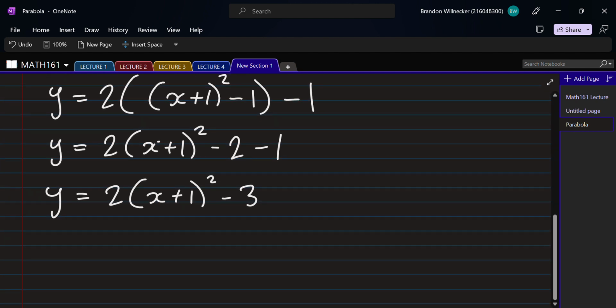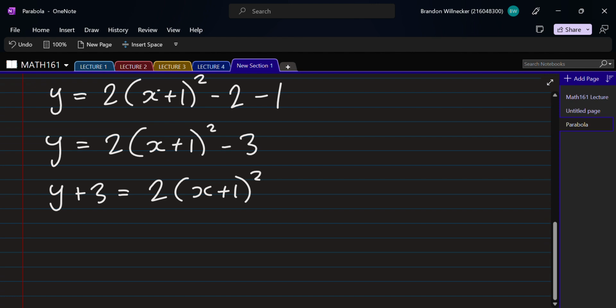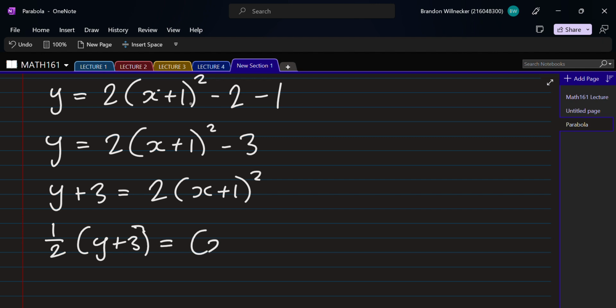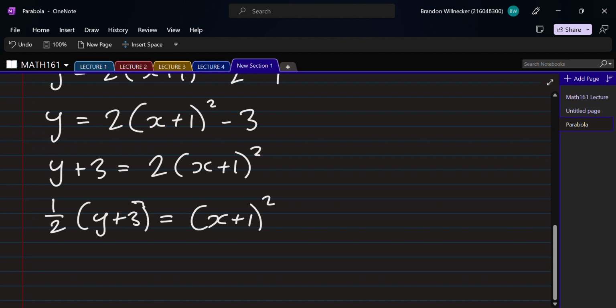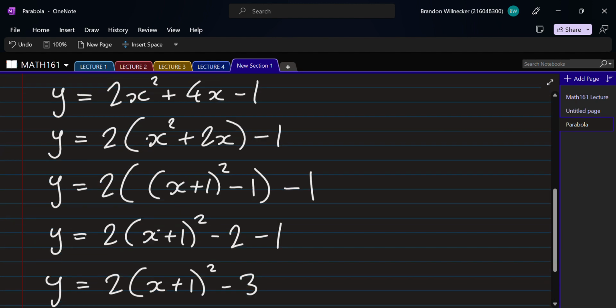Okay, almost in standard form. Let's take the 3 across. So we get y plus 3 is equal to 2 times x plus 1 squared. Okay, we're almost there. Let's take the 2 across. So we're going to have 1/2 times y plus 3 is equal to x plus 1 squared. Now it's almost in standard form. We've got the x by itself, but it's just been shifted by 1.